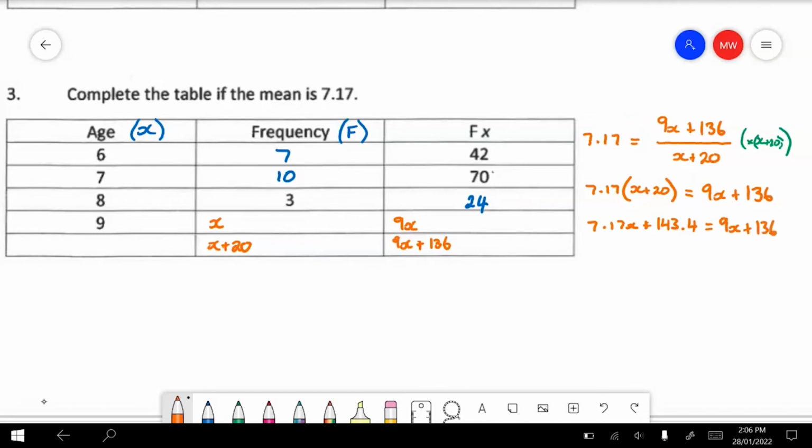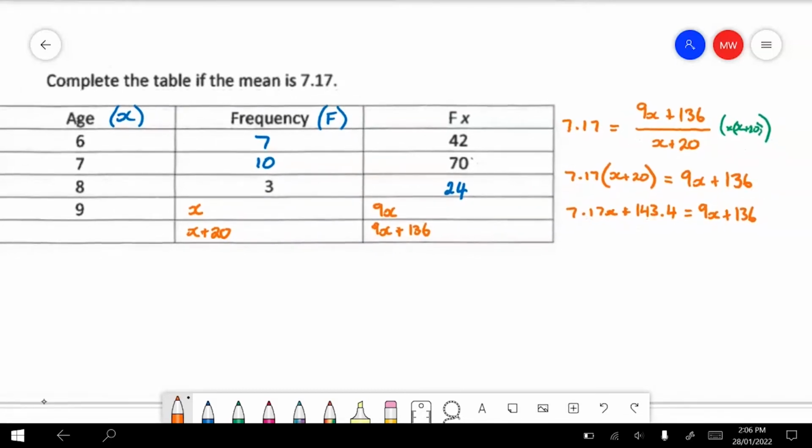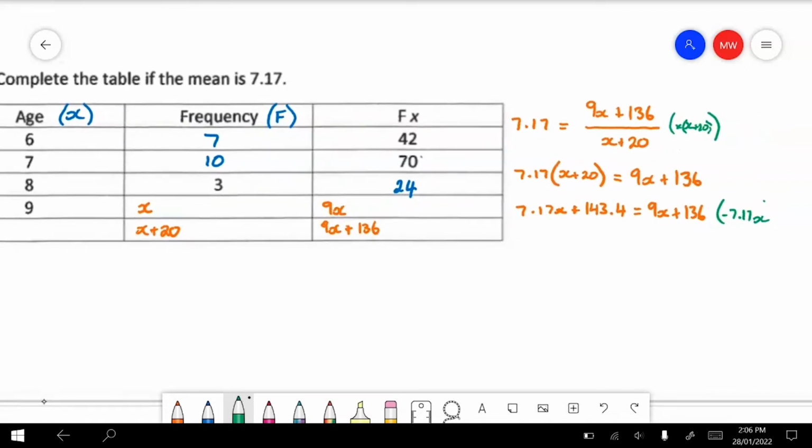Now I might start collecting my like terms. I'm going to make a smart move here, and I will start by subtracting 7.17 x's from both sides. What I'll end up with is 143.4 being equal to 1.83 x's over here and 136.